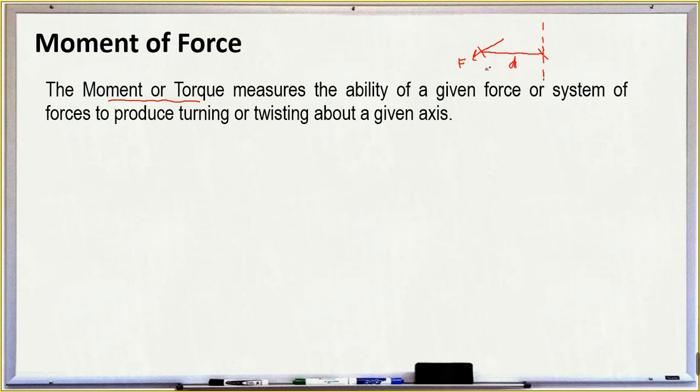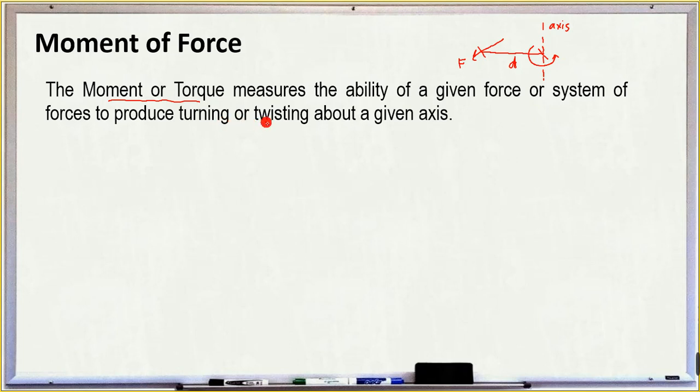Okay? So if there are no other external forces that resist it, then this one right here tends to rotate your object with respect to this axis. So it produces turning or twisting.